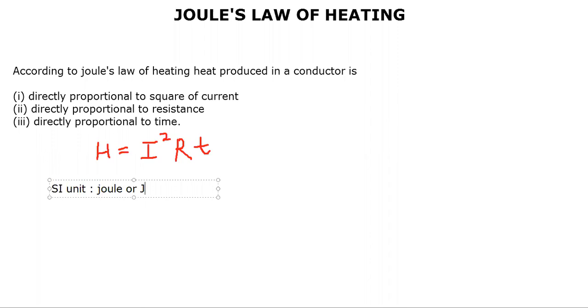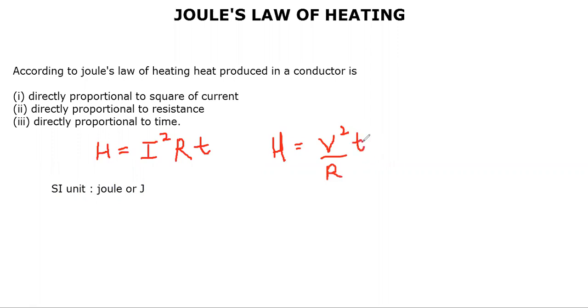Now there can be some different formulas also for heat. The main formula is I square Rt. We know that V is equal to IR, so by applying those values, we have different formulas of heat also. Heat can be equal to V square by R t also.